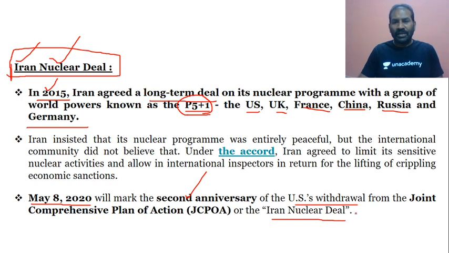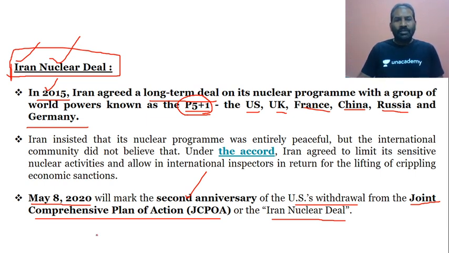And this Iran nuclear deal is also called, again very important for prelims, the Joint Comprehensive Plan of Action, JCPOA. Please understand, the Iran nuclear deal is also called the Joint Comprehensive Plan of Action.